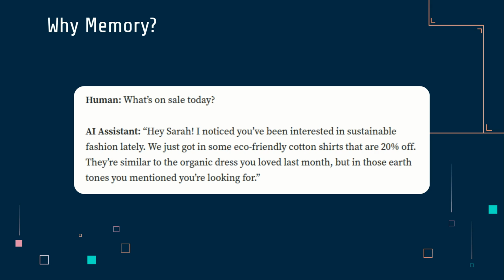Let's take it from another context, right? You have an agent and human conversation here, which is just a screenshot of this conversation. The human asks, what's on sale today? And the AI responds, hey Sarah. Sarah is the name of the person, right? I noticed you have been interested in sustainable fashion lately, and it's offering sustainable fashion deals at 20% off.